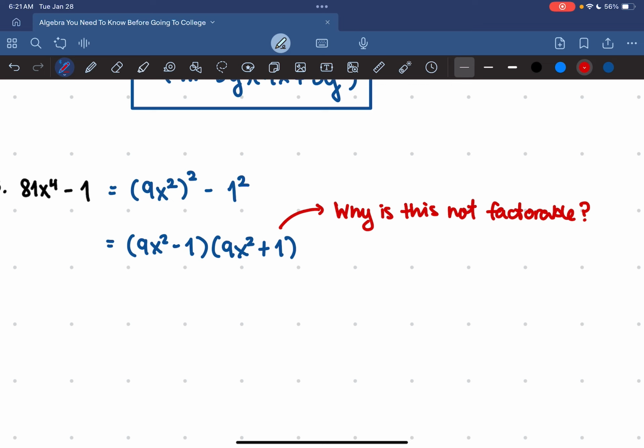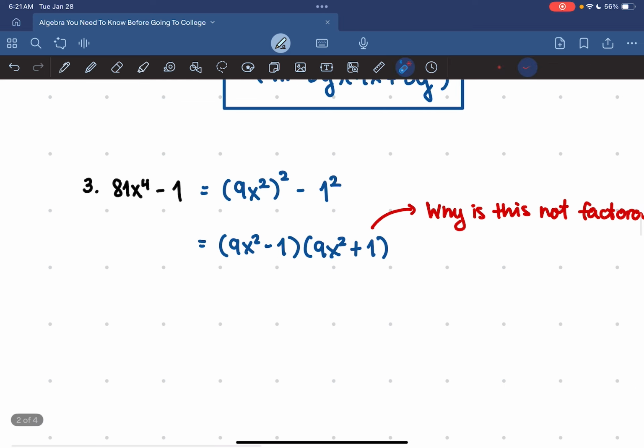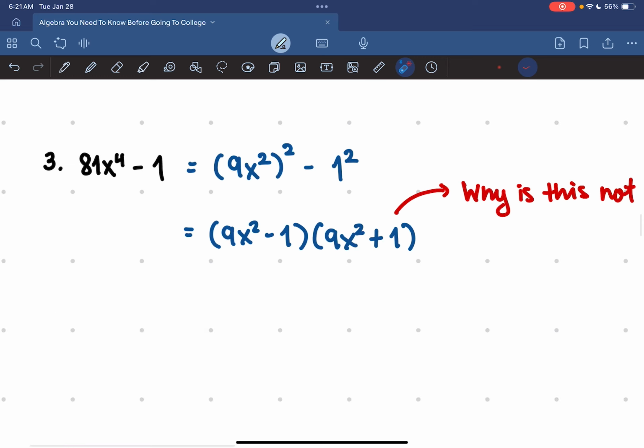Okay. But for the other one, this one, take note that this one is a difference of two squares. Again, as we can view, 1 here is 1 squared, and here the 9x squared can be viewed as 3x squared.